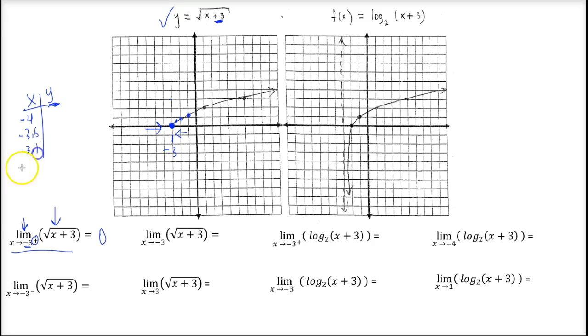And then -3.1, and -3.001, so on and so forth. If we look at our function here, what we start to see is that this function is not defined for values that are less than -3. So because of that, we have to answer this as does not exist, because there's no behavior to study.